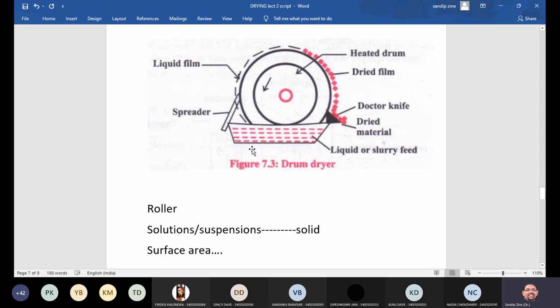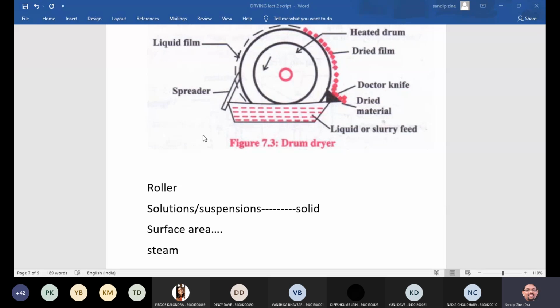Any other point you can add just by observing this diagram is that the spreader is used to spread the liquid film evenly on the roller. So that is the role of this particular spreader. Whatever liquid we are taking, the spreader helps to form a proper layer.